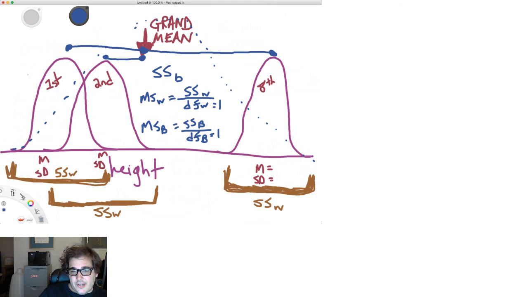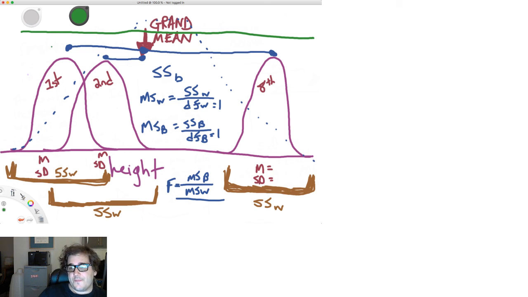So your F equals mean square between divided by mean square within. What this is basically looking for is the amount of space that your groups exist in. Like the plane that your means exist in, this whole space, is it sufficiently big enough to allow your groups to exist with whatever fatness of distribution they have and still see a difference?